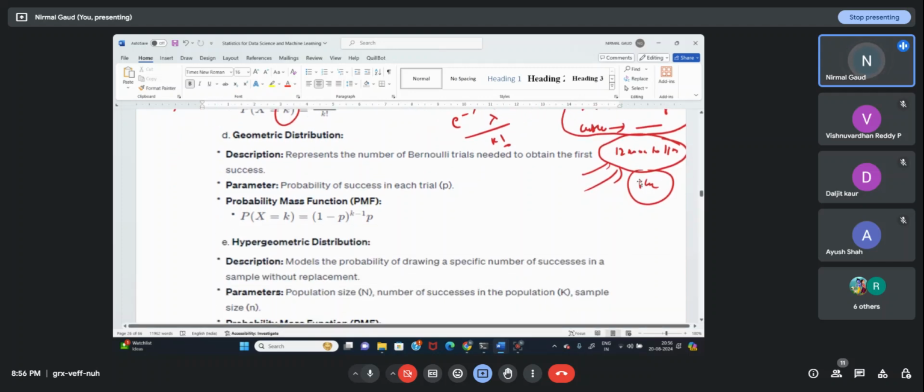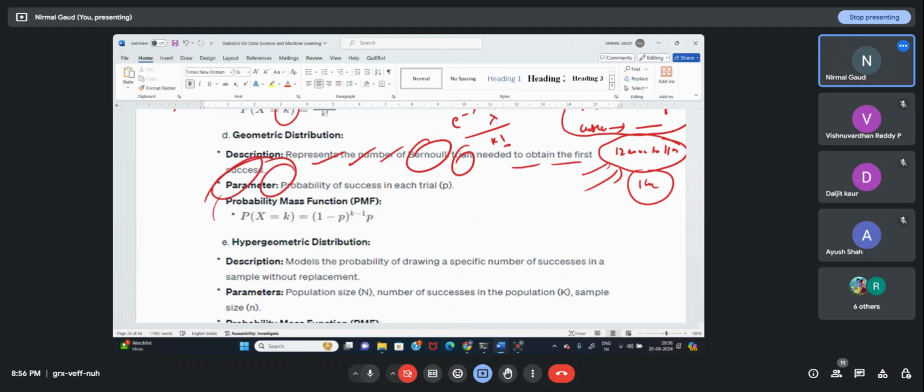Okay, we also have geometric distribution, not that important. But if you want, let me tell you, it represents the number of Bernoulli trials needed to obtain the first success. That means you keep on trying an event, and you will only stop when you are successful. Say you tossed a coin, you got tail, toss the coin, tail.